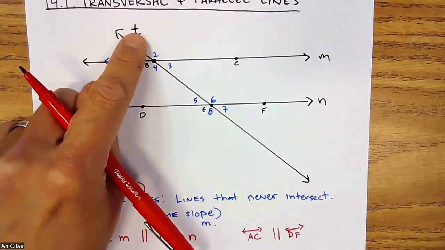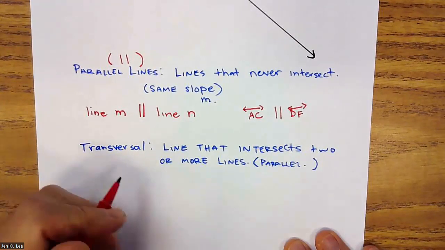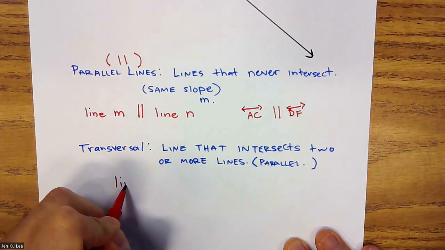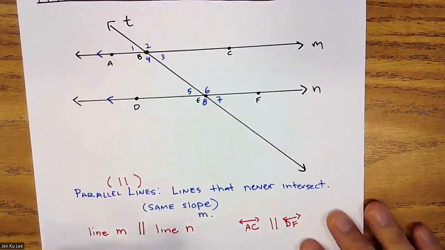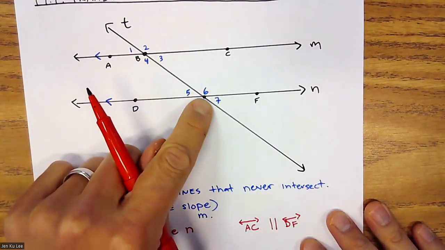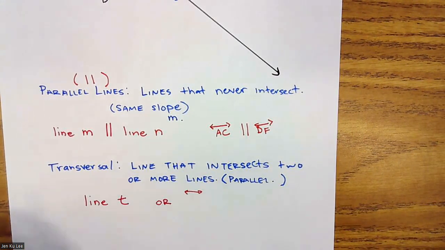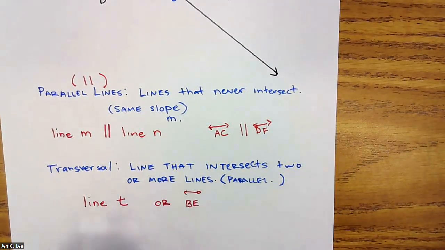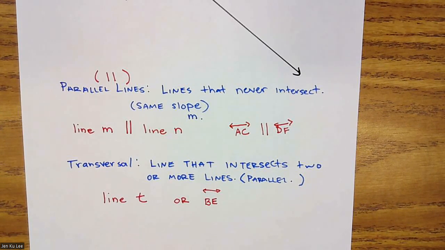Because I have the letter up here signifying that it's that line. So I can note it as line T, or I could say line BE, right? B, that's point B, and that's point E. So I'm going to draw a little line above that and go BE. Okay, so those two are the ways to note what a transversal is. Okay, any questions on that so far? No?